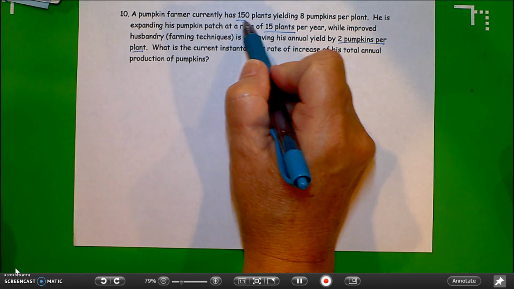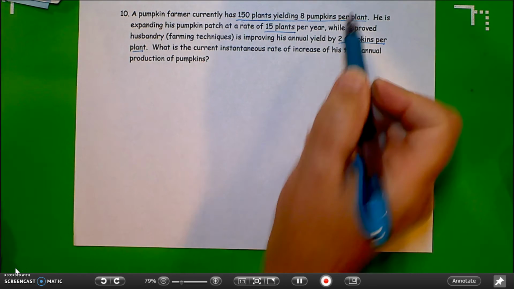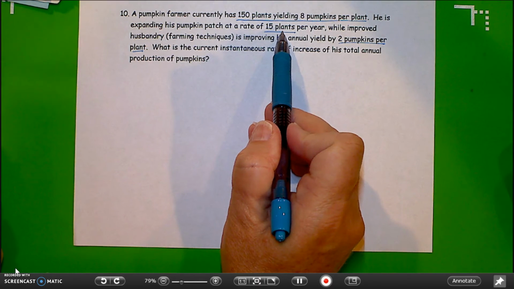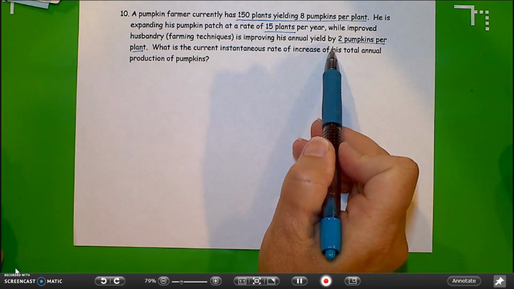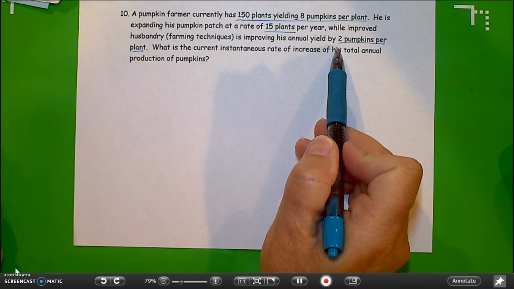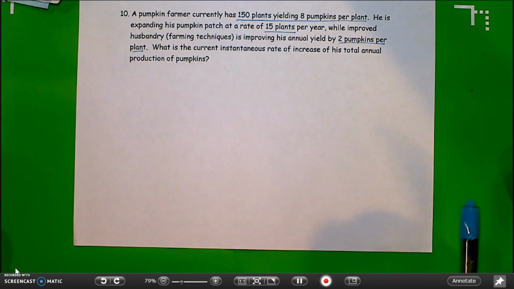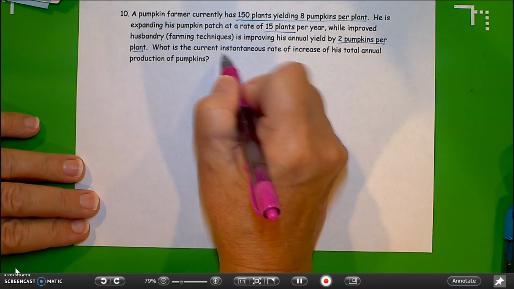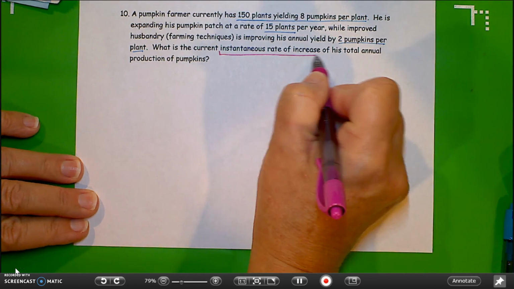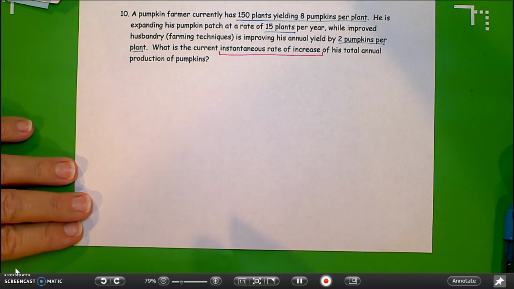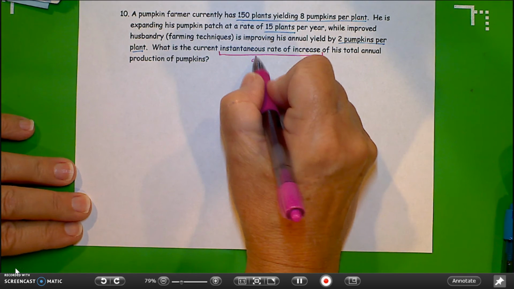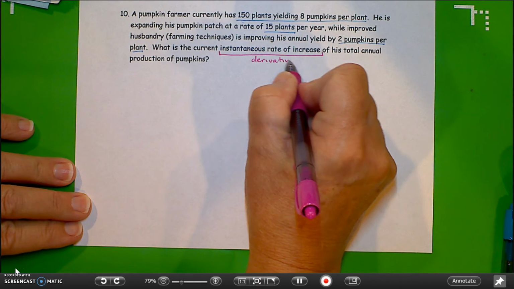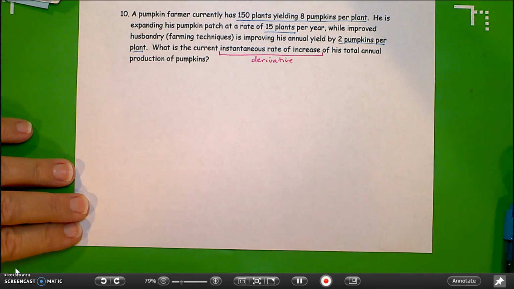So he's got 150 plants, 8 pumpkins per plant. He has an improvement of 15 plants a year. He has an additional improvement of 2 pumpkins per plant. The question is, what's the current instantaneous rate of increase of his total annual production of pumpkins? Anytime you see instantaneous rate of increase or instantaneous rate of change, we're talking about a derivative, or the slope of the tangent line.